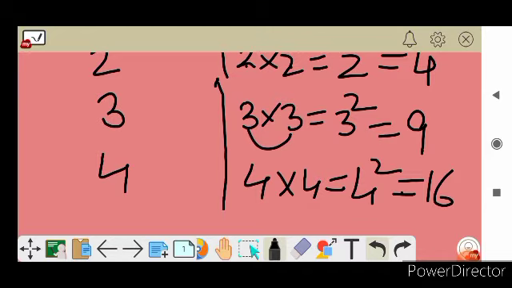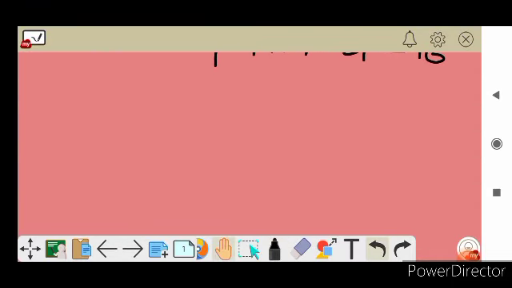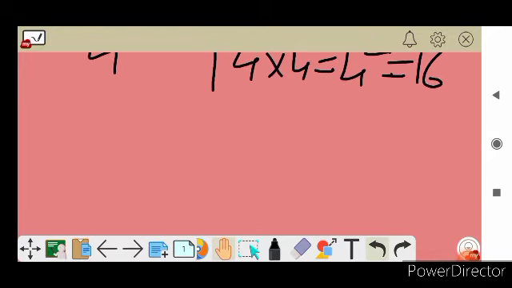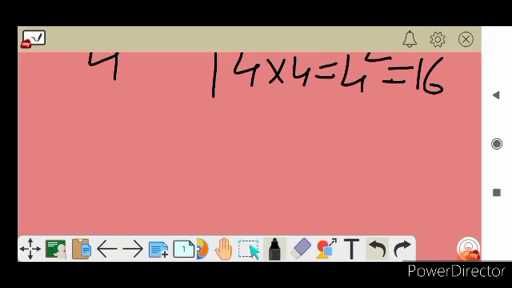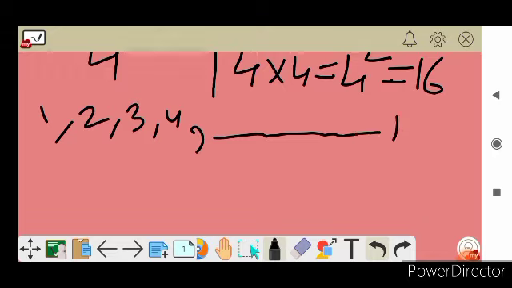In general, we can say that if a natural number m can be expressed as n square, where n is also a natural number, because we are using here 1, 2, 3, 4 and so on up to n.